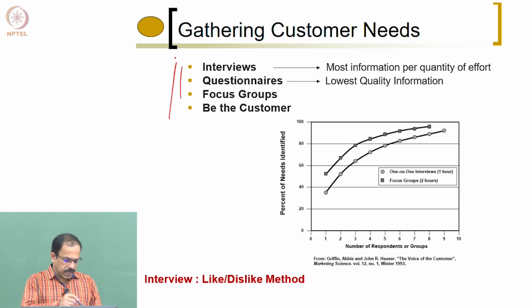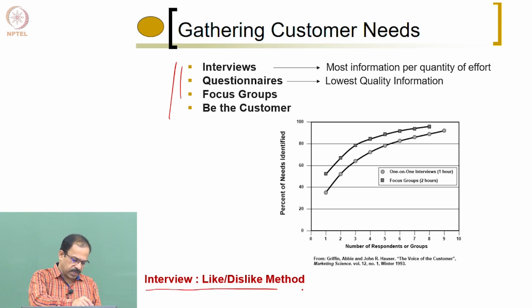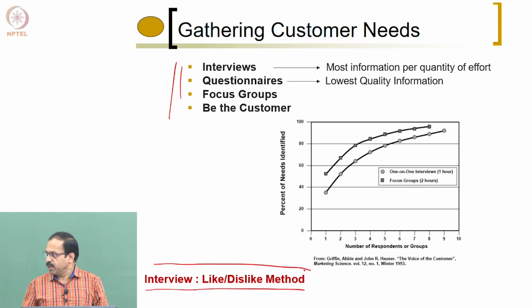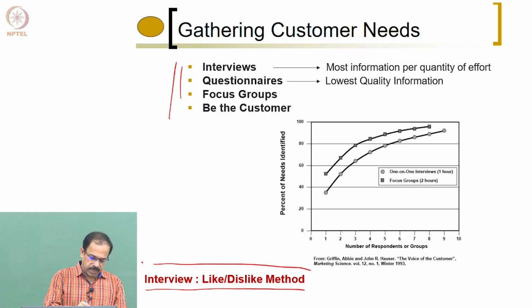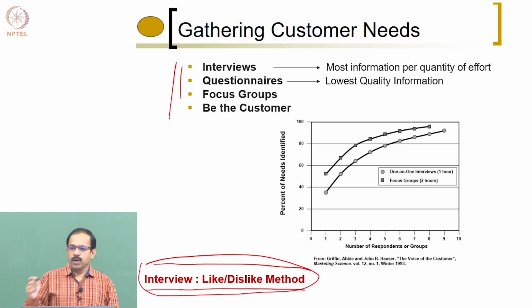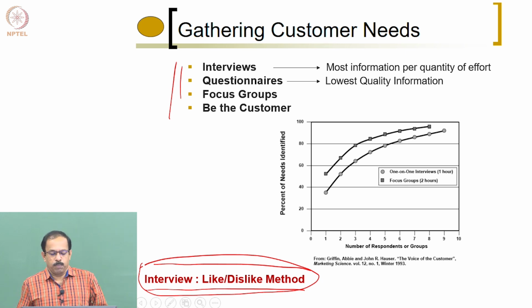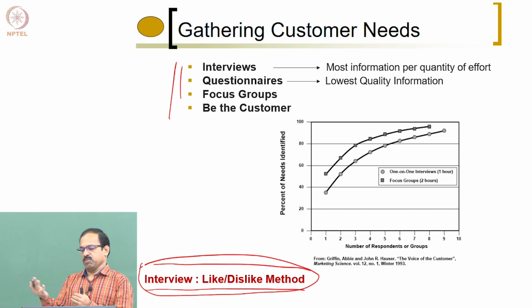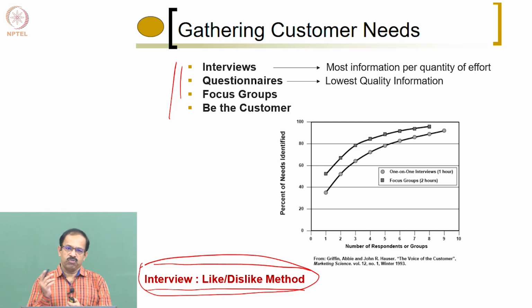First we briefly looked at the like-dislike method, one of the methods we discussed as a proposed way of getting the customer needs. We need to find out what the customer likes and dislikes, and based on that identify the needs of the customer.